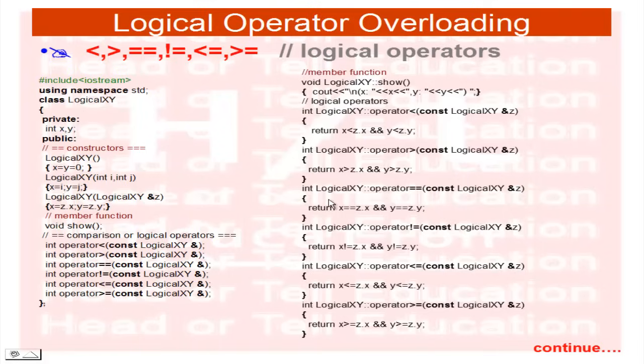Here I have created the first operator overloading, the less than operator. The parameter is the same but the return type this time is integer, because logical operators return true or false. If our current object value is less than this, then return 1, otherwise return 0.